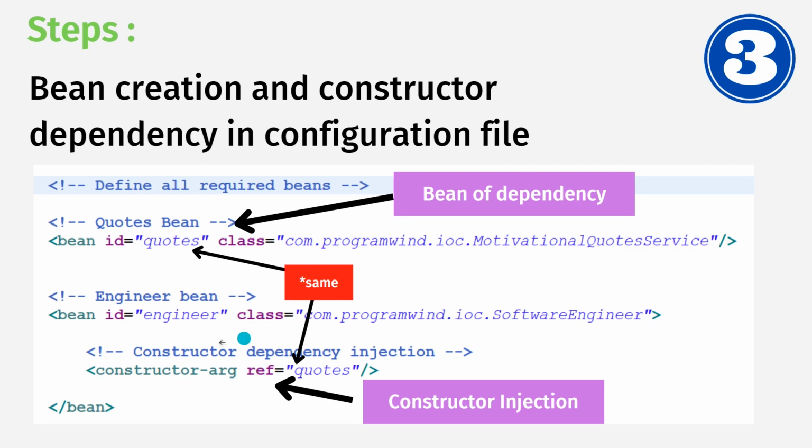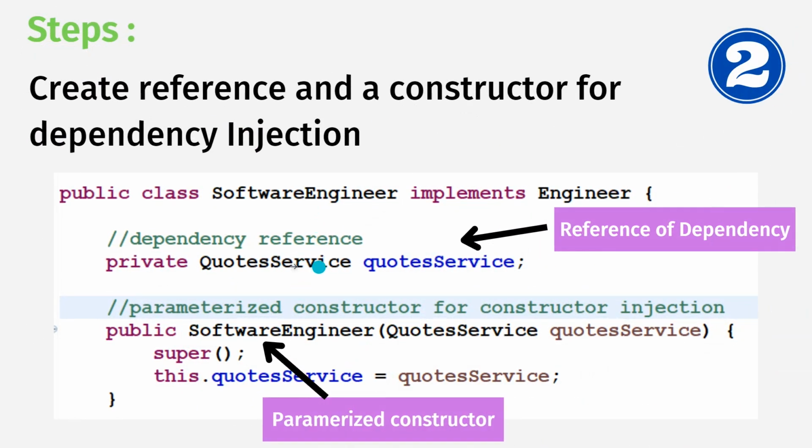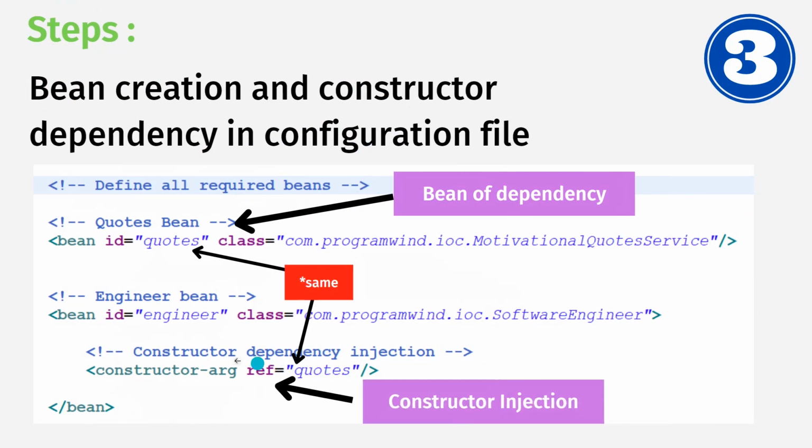But now if we go to the software engineer, we have a dependency as well. We have this dependency declared here and we have to initialize it using the constructor. That's why we have to configure it like that. So what we have to write inside the configuration file is this: constructor-arg.